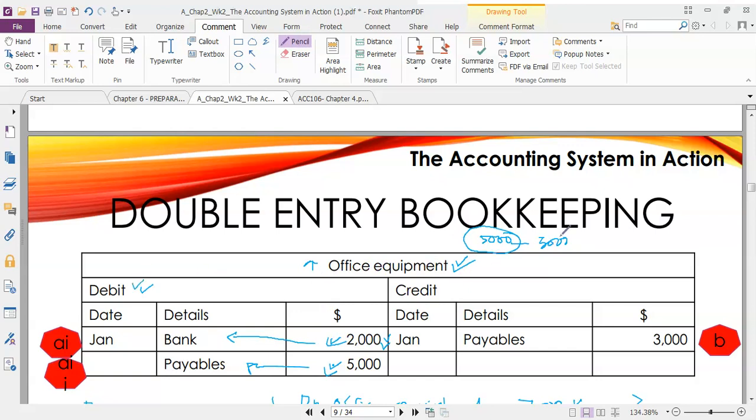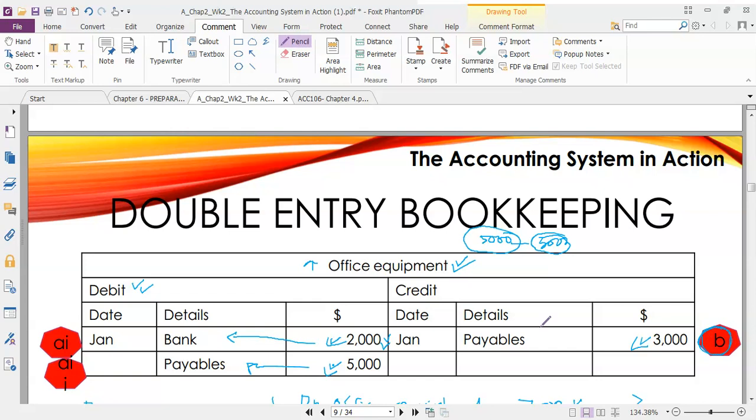So, kalau kita pulangkan semula, office equipment tu RM3,000 harga dia. So, kita kena letak dekat debit ke kredit? Once again, credit. The answer is credit. We must put 3,000 credit on office equipment.